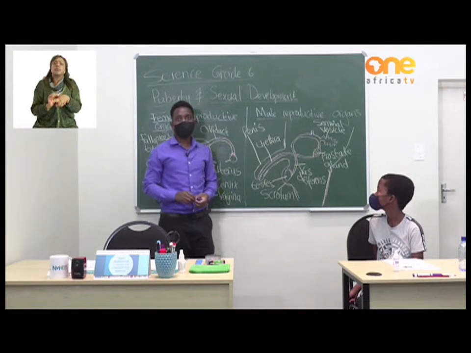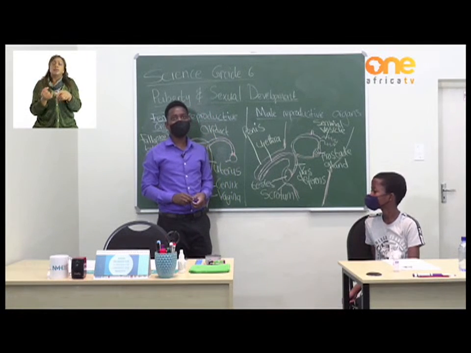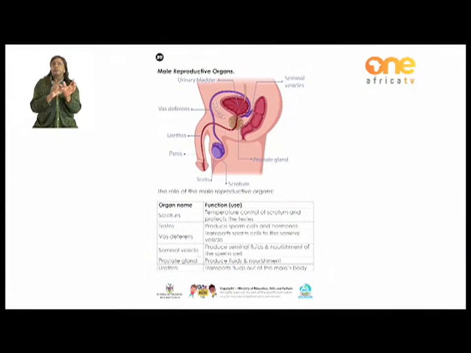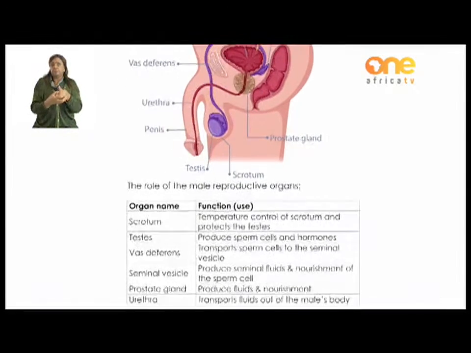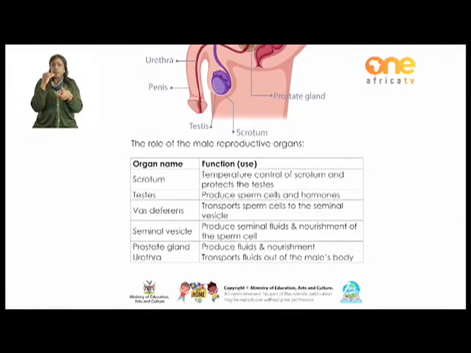Let us now go back to page 20 and look at our diagram there, how it is labeled. Remember I said we start all the way from the bottom, which is at the scrotum, and inside the scrotum we have the testis, and from the testis there is a tube connecting there called the vas deferens, and from the vas deferens we have a structure referred to as the seminal vessel.